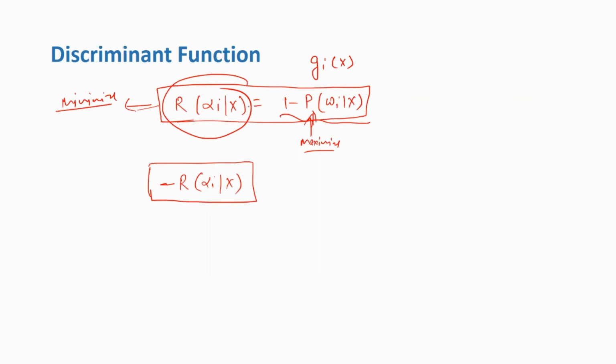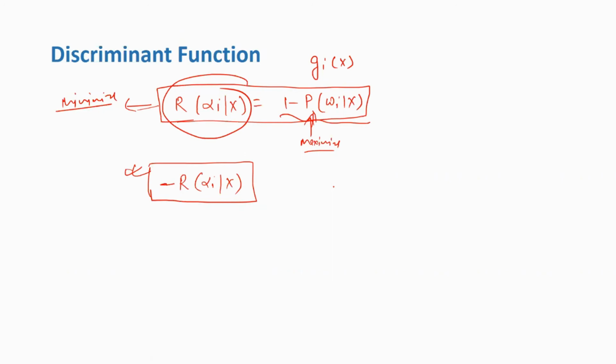To minimize the risk, I need to maximize this value. Then only it will be minimized, right? Overall. So we want a function for which the maximum value will decide that any given input feature x belongs to some class i.